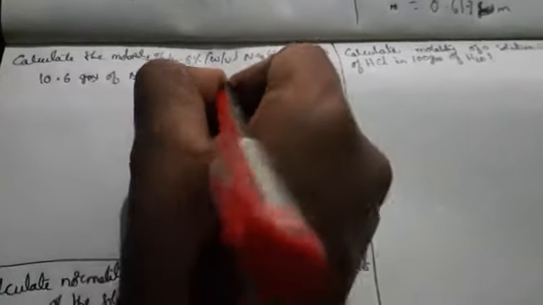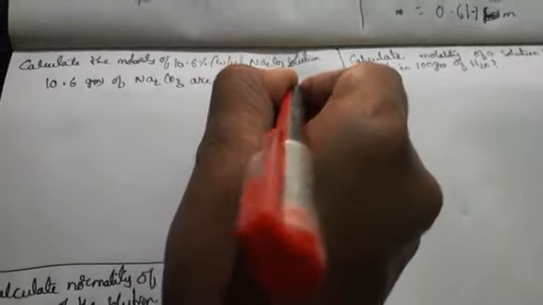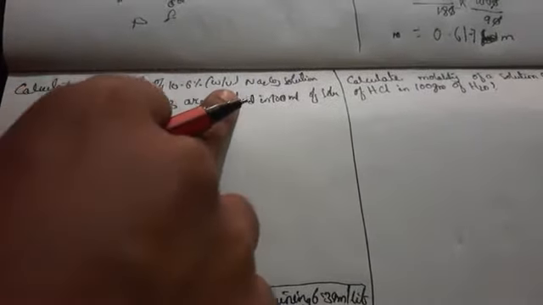10.6 grams of Na2CO3 are dissolved in 100 ml of solution. See here, calculate the molarity of 10.6% W by V Na2CO3 solution. W by V into 100 we have to do.